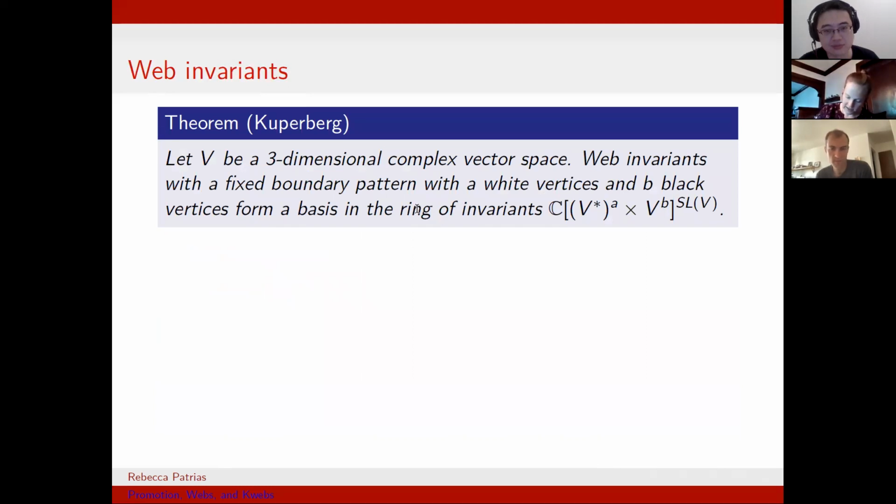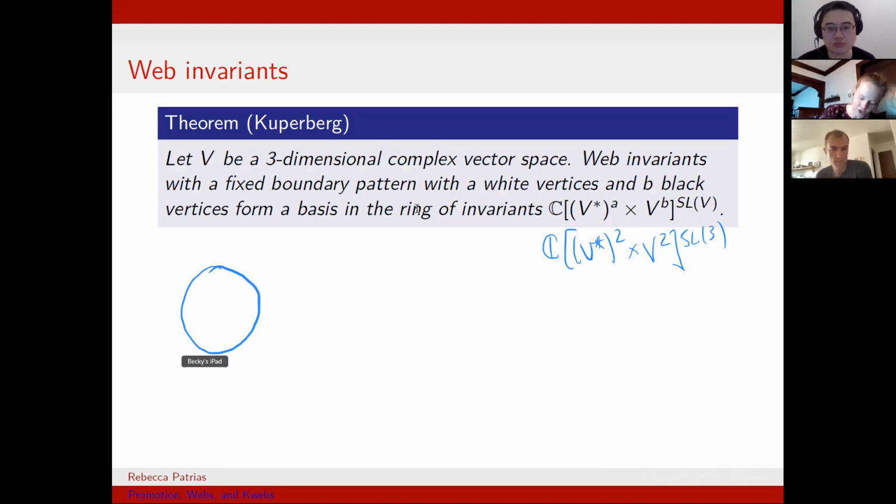So let's say I want to have two covectors and two vectors, and I want to look at that ring of SL3 invariants. Well, all I need to do is think about all the webs that have two black and two white boundary vertices in some fixed pattern. So I can pick that pattern.